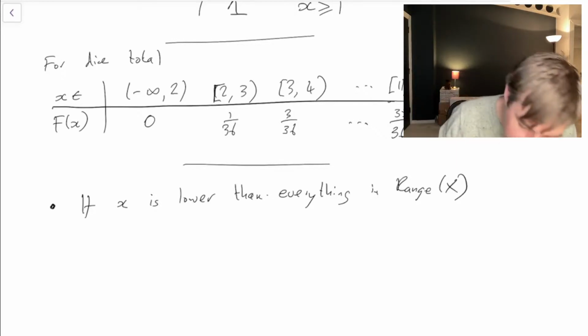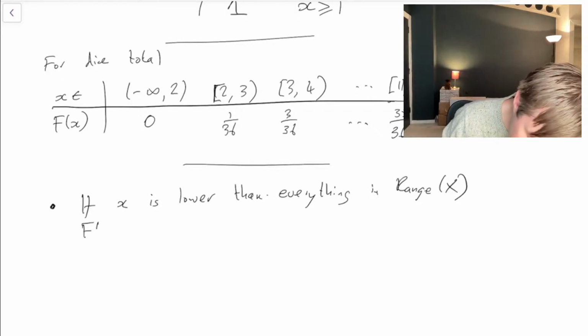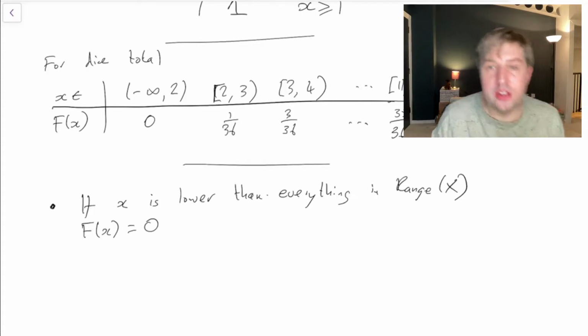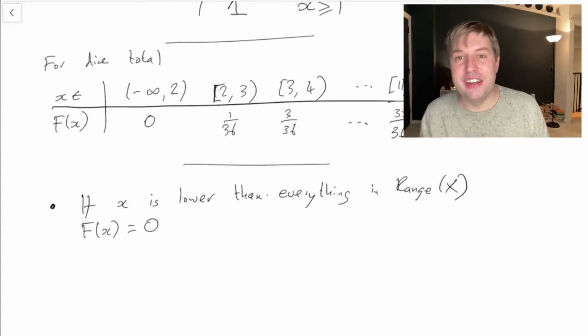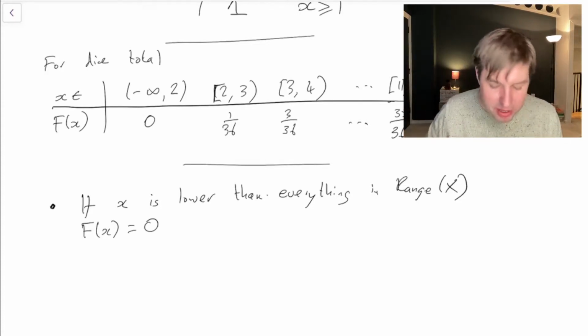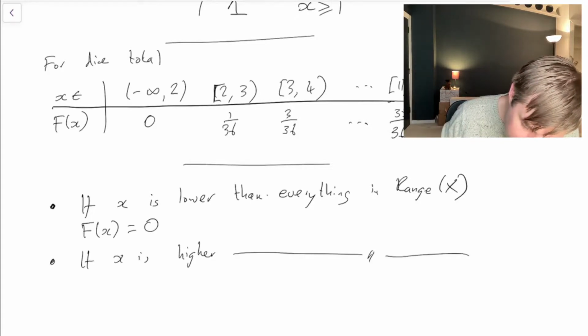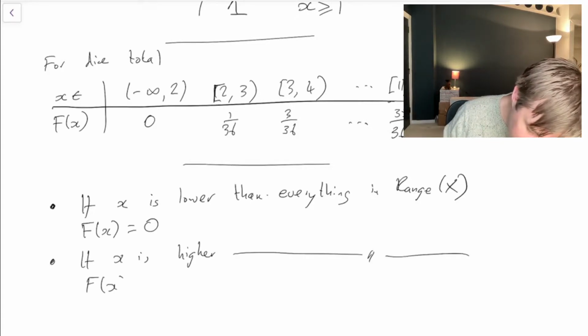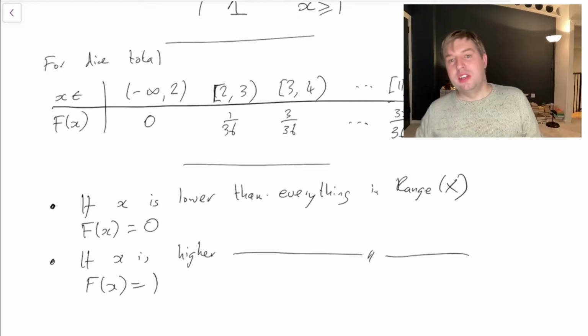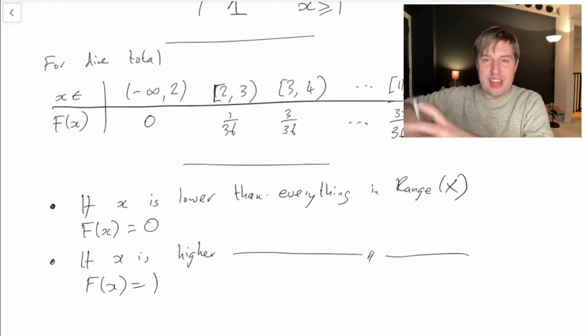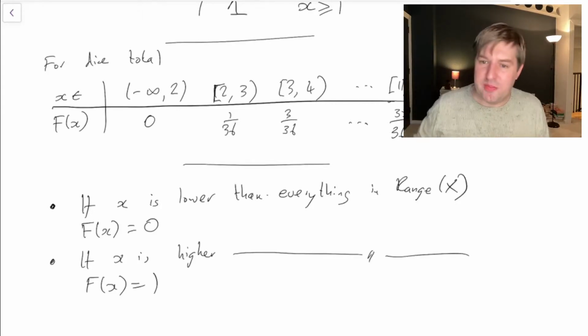So it must be that the cumulative distribution function is equal to 0, because that's the probability that X is less than something that we know it's always bigger than. And similarly, if x is higher than everything in the range of X, for the same reason F of x must be equal to 1, because you're certain to be less than or equal to that thing because it's bigger than the whole range of possible outcomes.